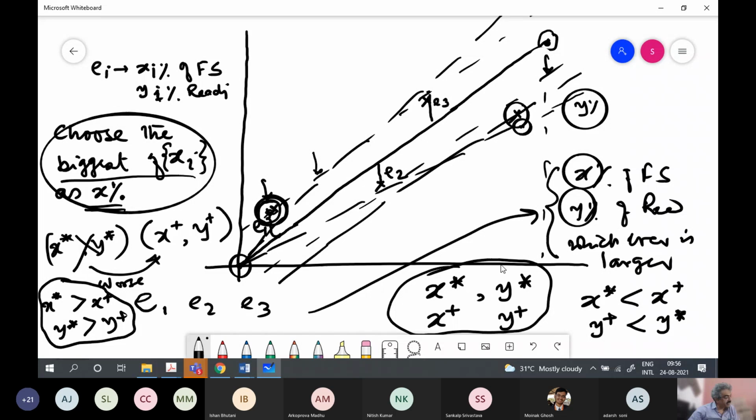But if we have this situation, this is called Pareto optimal. So you cannot really say. One is saying 1% of full scale and 2% of reading. Another is saying 1.5% of full scale and 1.5% of reading. Then it's your engineering judgment which one you want to choose. It's very difficult to judge.